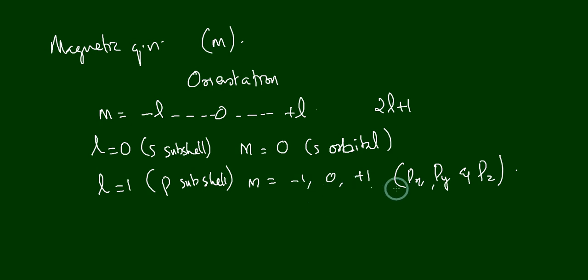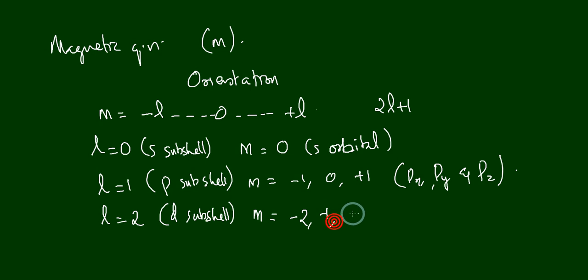There are three quantum numbers, and corresponding to these we can derive the expressions for the three orbitals px, py, and pz. And L equal to 2 means the d subshell. How many values are possible in this one? M is equal to minus 2 to plus 2 through 0, meaning minus 2, minus 1, 0, plus 1, and plus 2. So 5 values are possible.